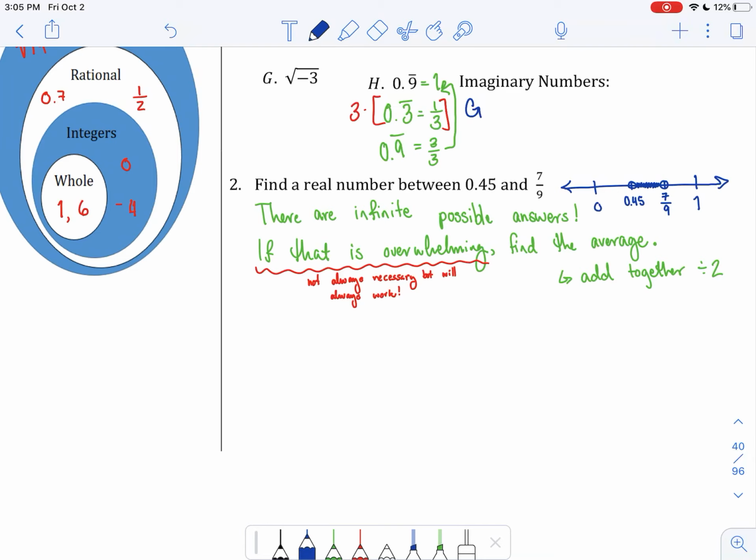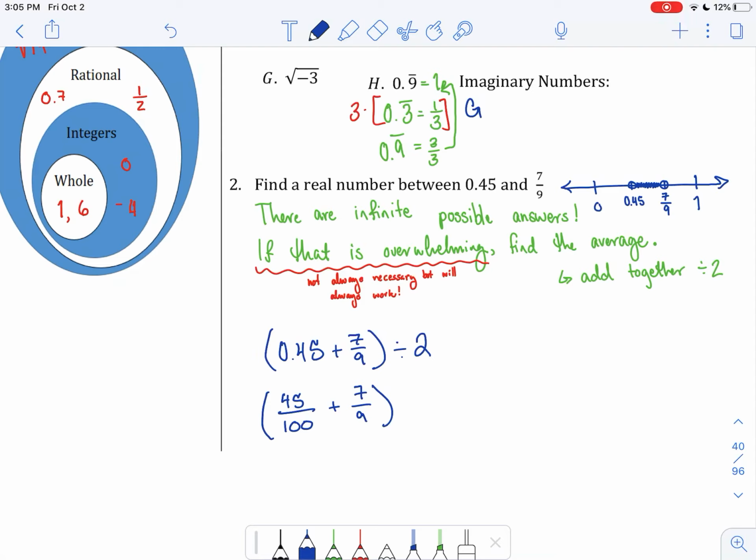So in this case, I'm going to add them together. So 0.45 plus 7/9, and we'll end up dividing by 2 since we're finding the average of two numbers. In order to add these together, I'm going to write them both as fractions. So 45 over 100 plus 7/9.